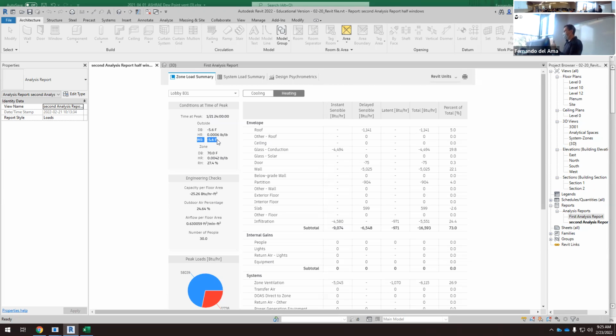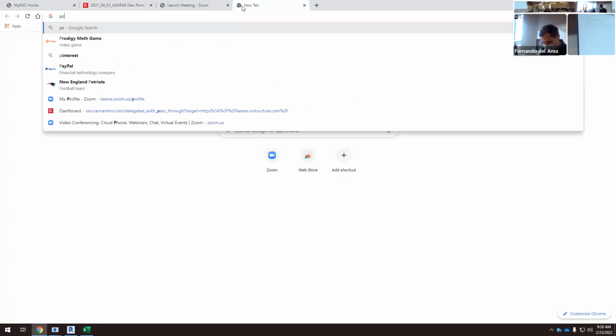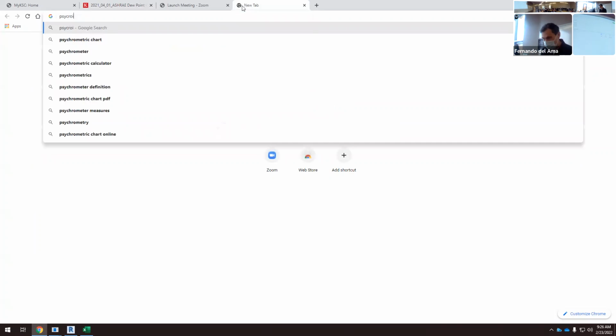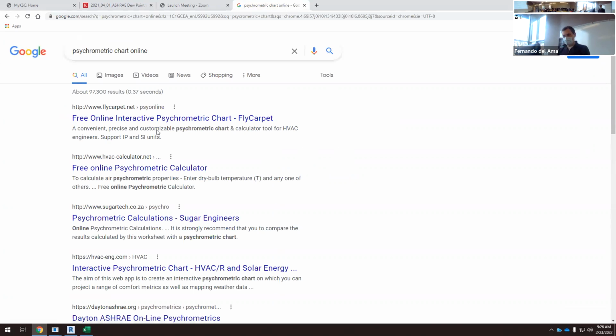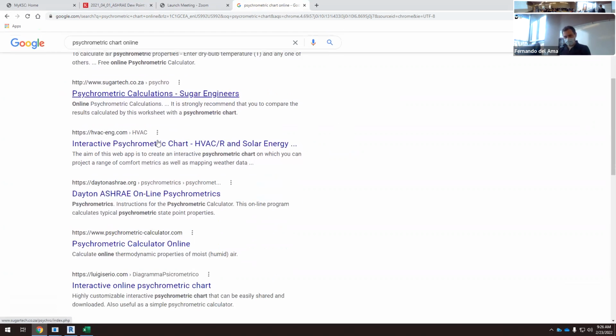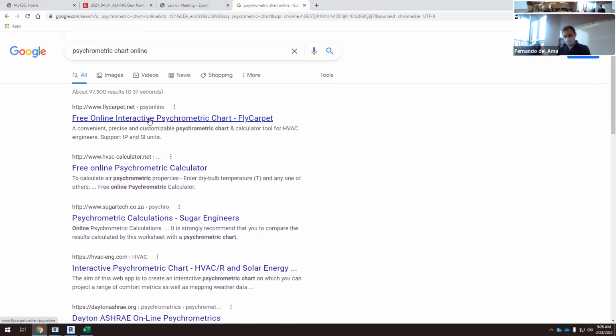Yes, that's the theory. But was there a tool to calculate that? It's the psychrometric chart online. So we use this tool. It was this one.